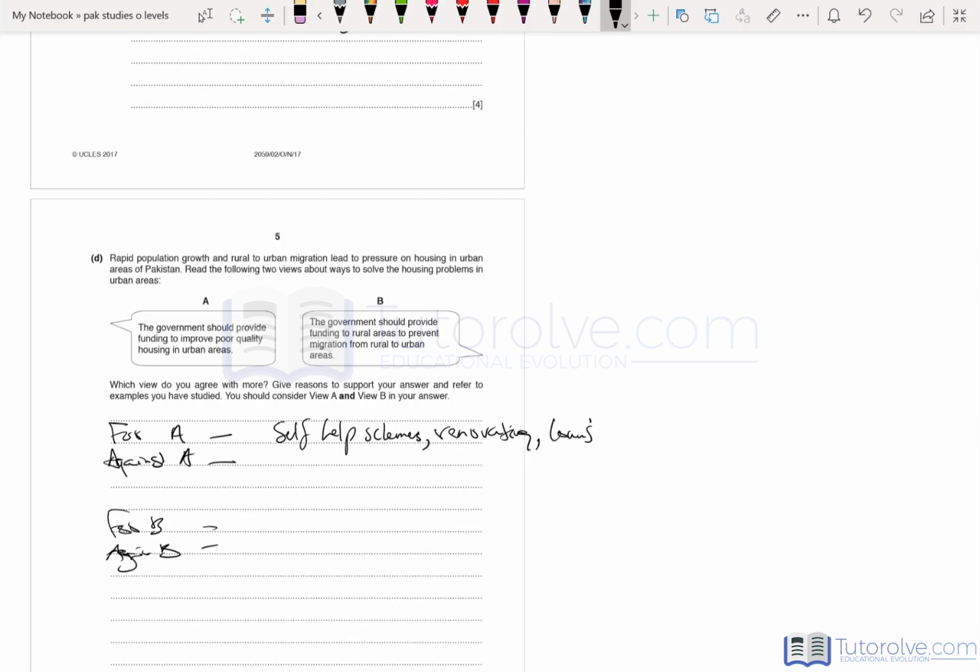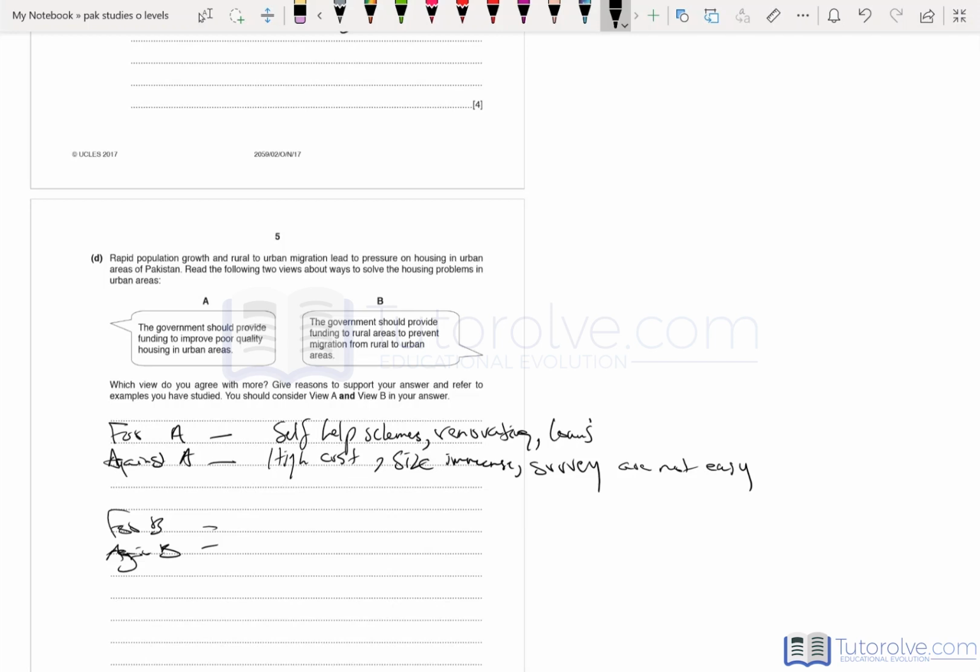Against would be that there is too much cost, there is high cost for all of this. The size is immense, you cannot actually fit, and there is no survey of the areas that can be done easily. Surveys are not easy. So these are the things that go against government providing funding to improve poor quality housing.